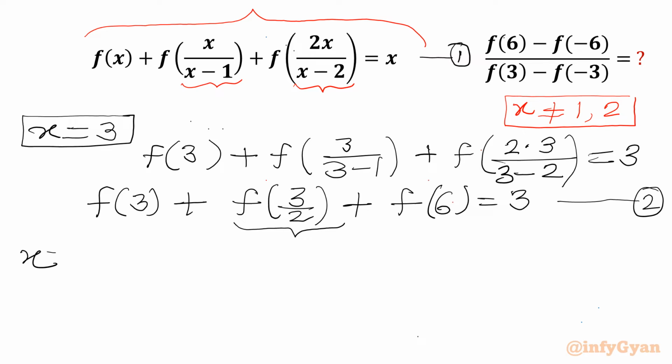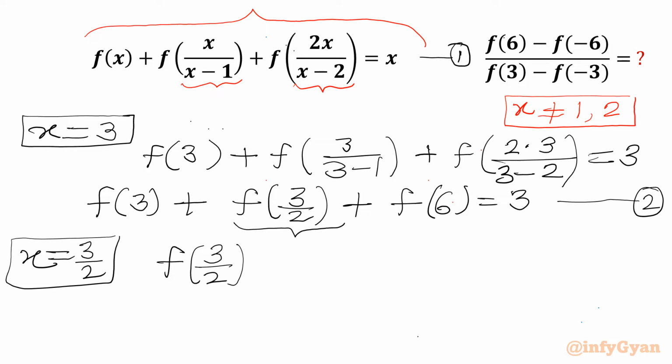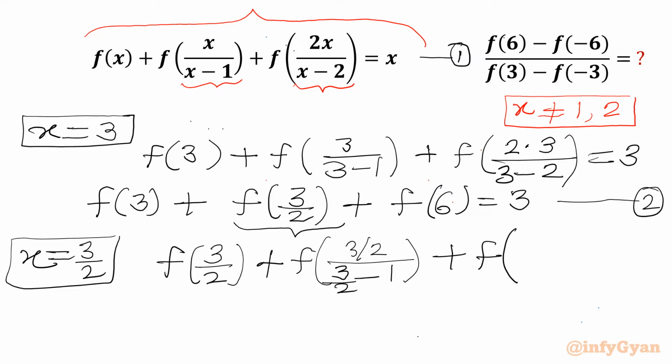So let us put x equal to 3/2. I will get f(3/2) + f((3/2)/(3/2 − 1)) + f(2·(3/2)/(3/2 − 2)), and the RHS will be x, which is 3/2 this time.